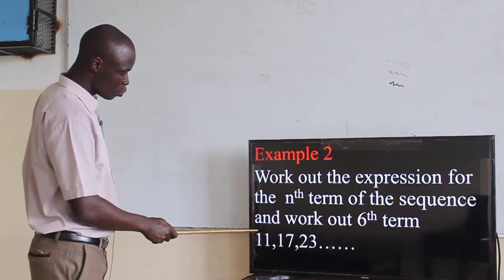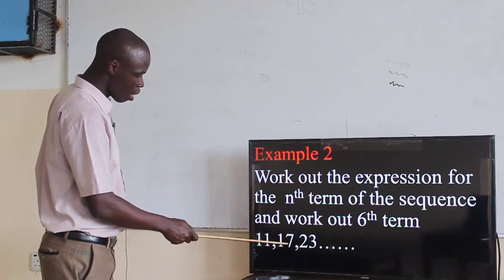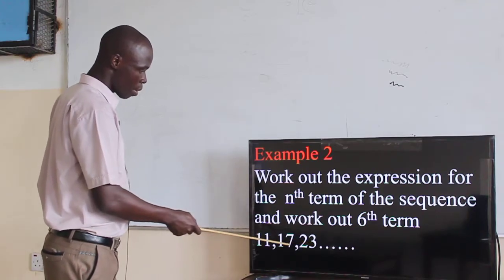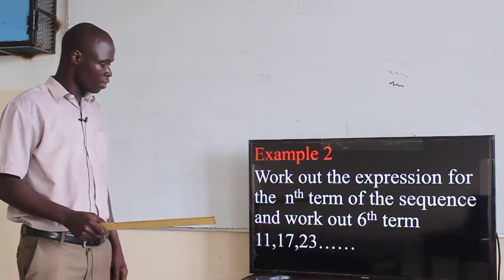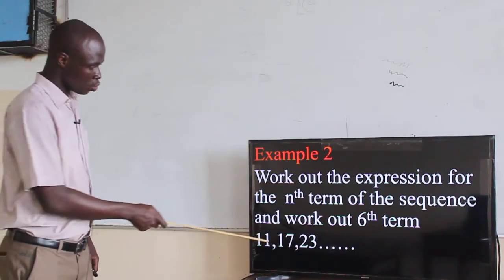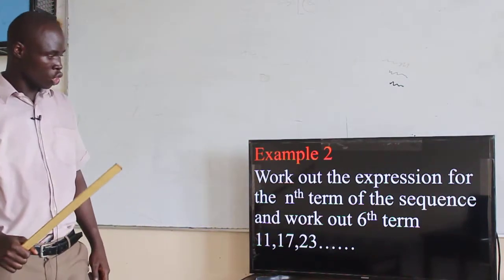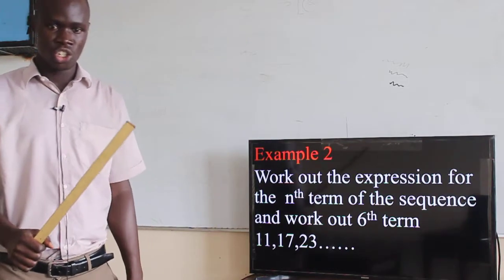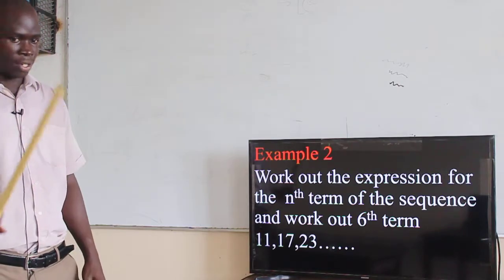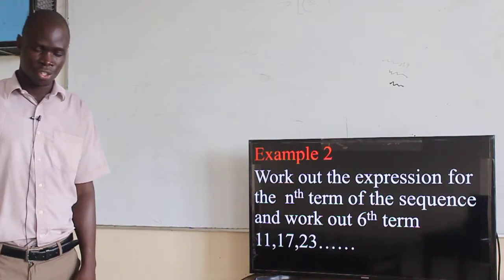Now the difference between 17 minus 11 will be 6. 23 minus 17 is 6. So you are going to find that each time the value is increasing by 6.